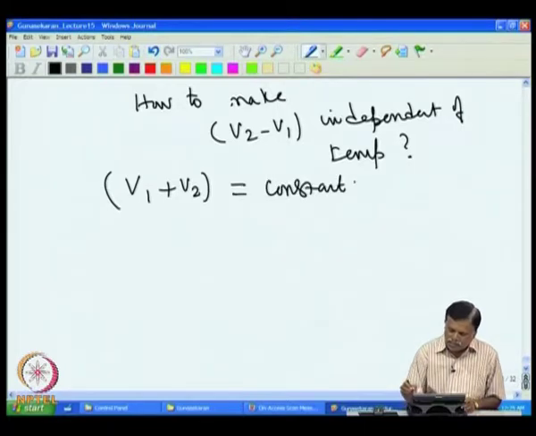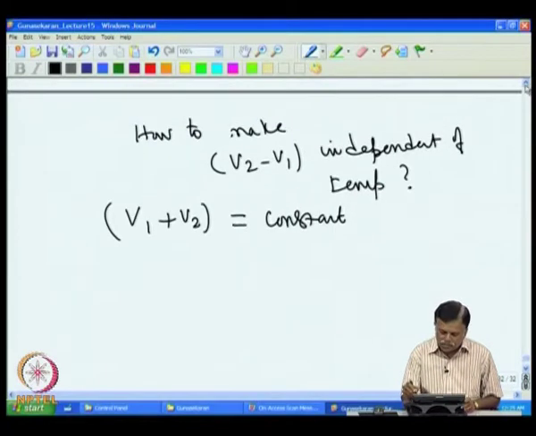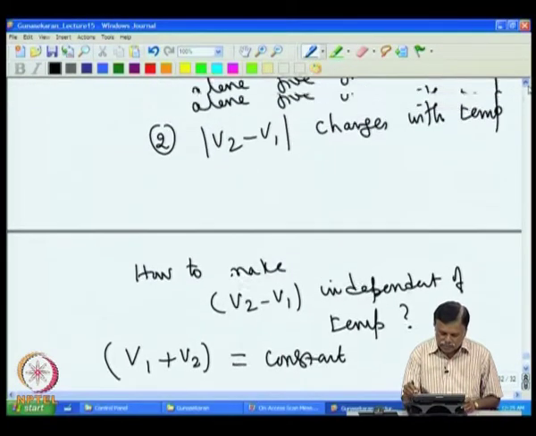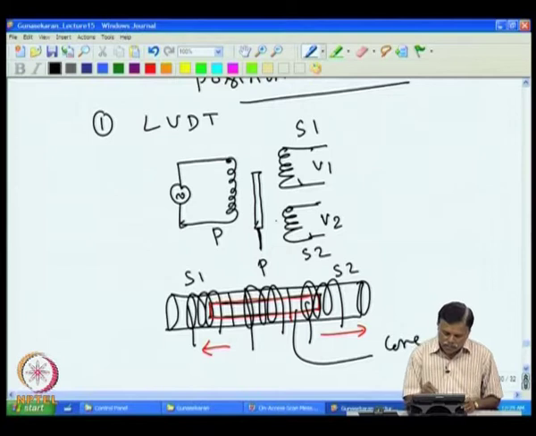This is because when we are moving the core, as in our original discussion, V1 is increasing and V2 is decreasing. For example, if I move the core upwards, then V1 is increasing, V2 decreasing, but V1 plus V2 will always be constant. Similarly, if I move downwards, then V1 will decrease, V2 will increase, and again V1 plus V2 will be constant.